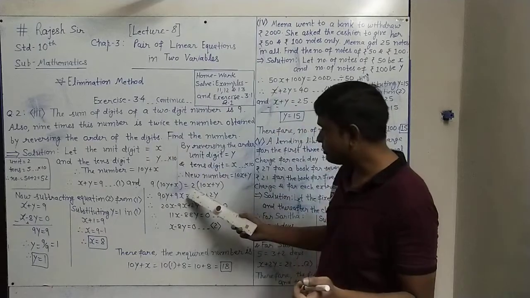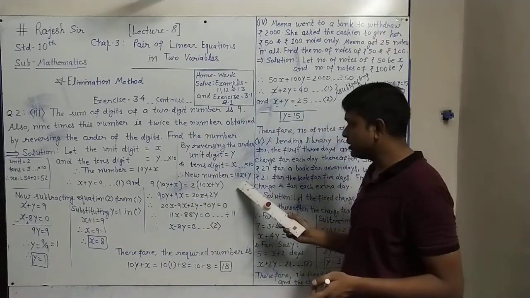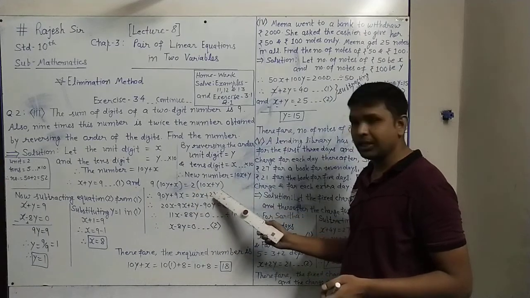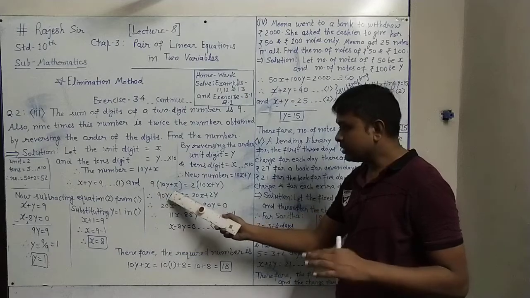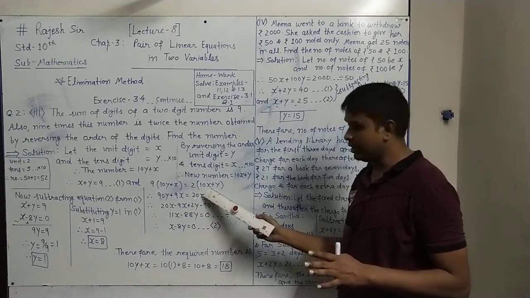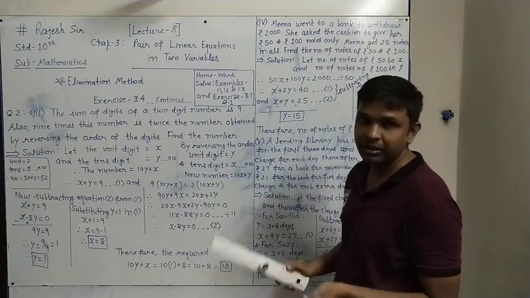Twice means 2 times the number with reversed order, which is 2 times (10x plus y). So 9 times this number is equal to twice the new number obtained by reversing the order. This second statement we have made in mathematical terms here as an equation.